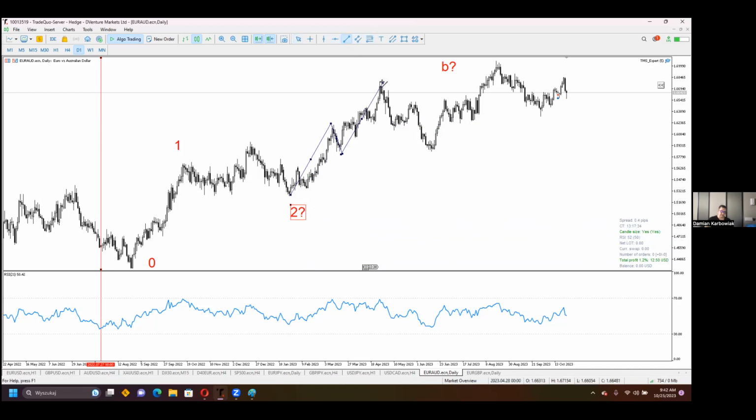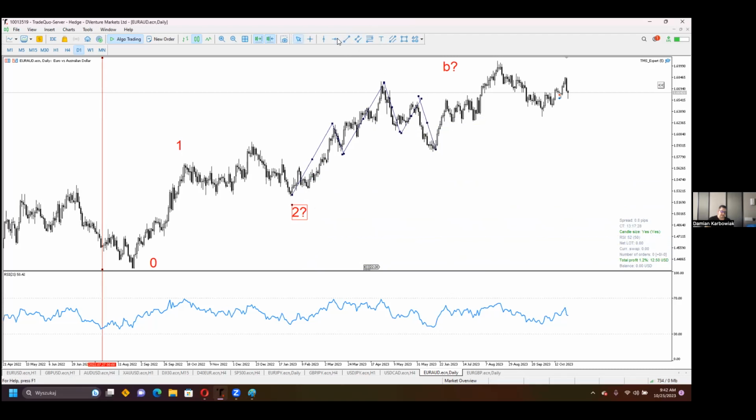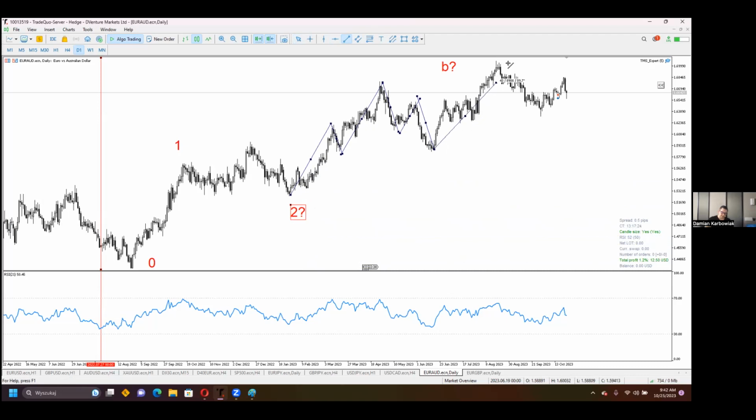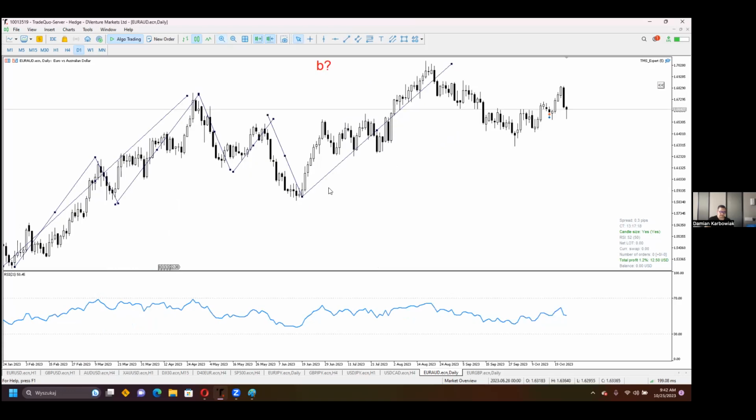After that, this 3 waves movement cuts this movement and that movement into 3 pieces. After that, the last movement is cut by this correction in the middle into the 3 pieces. So everywhere we have the 3-wave structure.